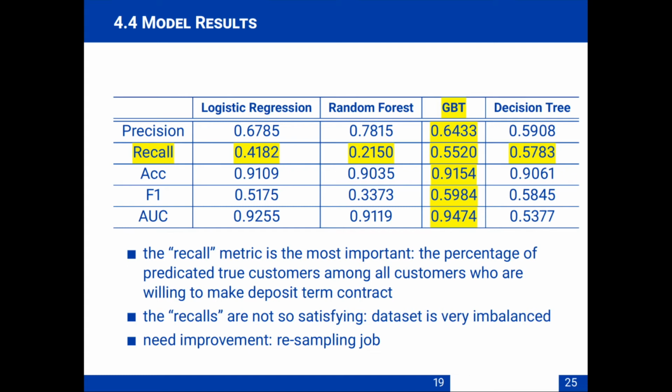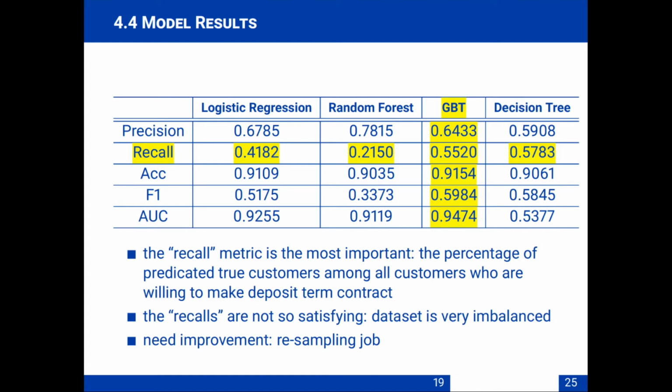Therefore, we regard the recall metric as much more important than the others because it means the percentage of predicted true customers among all customers who are willing to make deposit term contract. The recall of all models are not so satisfying, and one reason for this is our dataset is very imbalanced, so that our models cannot learn the features of data with label 1 well.